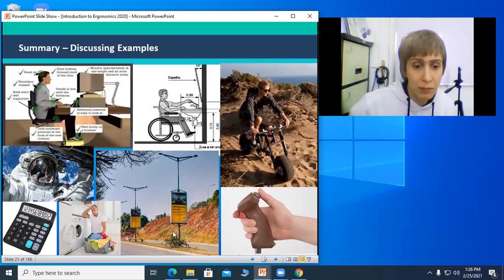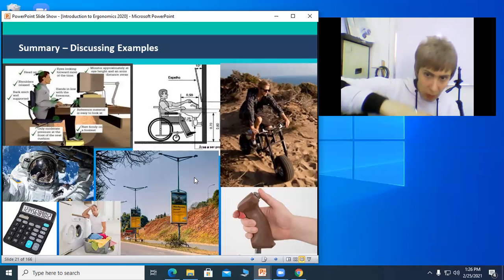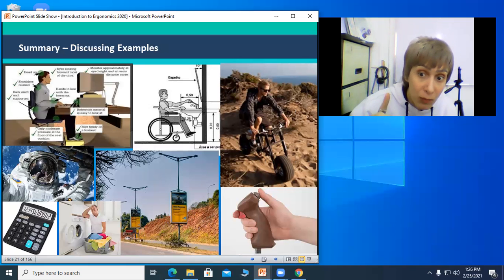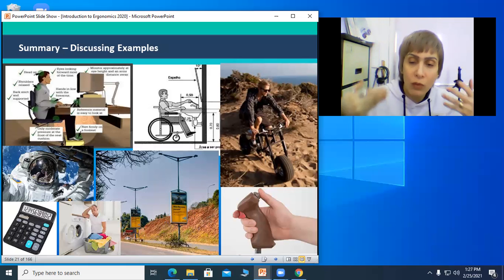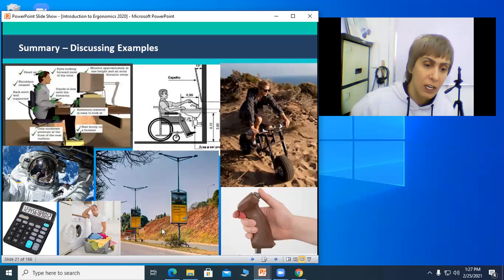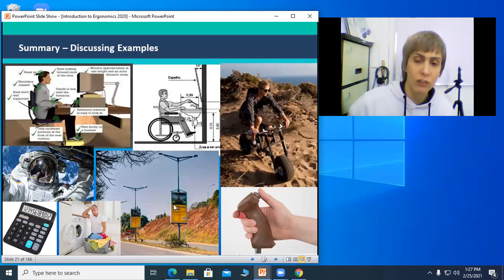Let's see another example. Look at these billboards. These billboards are designed by graphic designers, okay? And they are on the road, outside. What environment? The outside environment. The outside environment has certain characteristics. So the designer had to take this into consideration. For example, what materials to use for this?